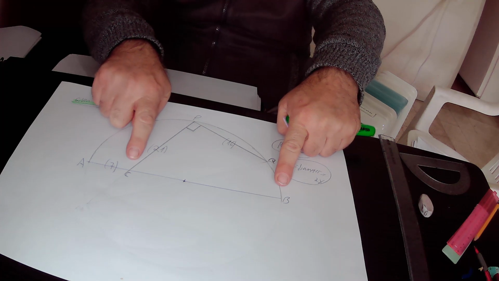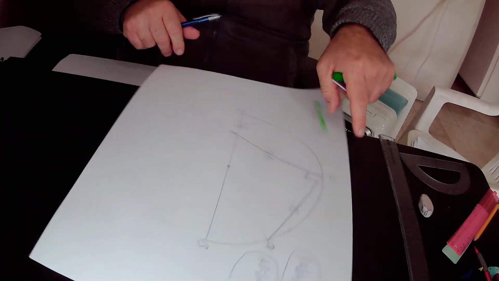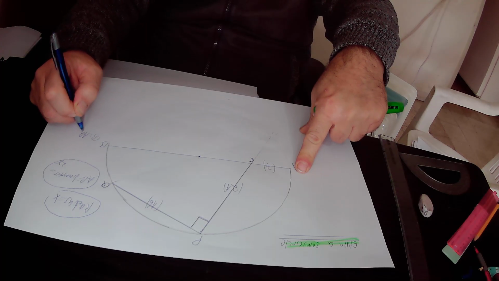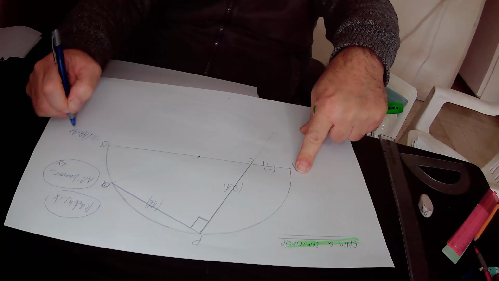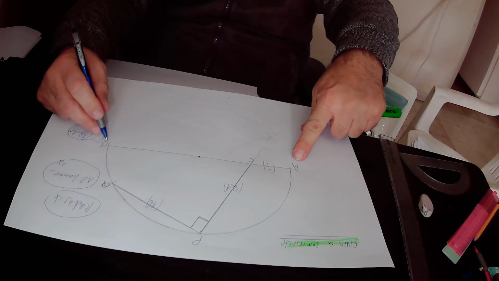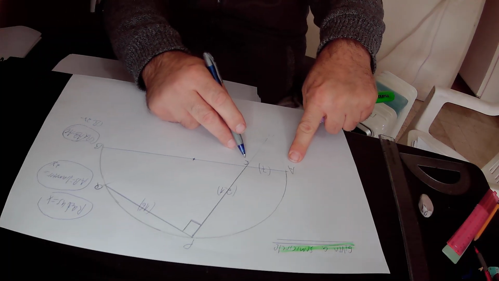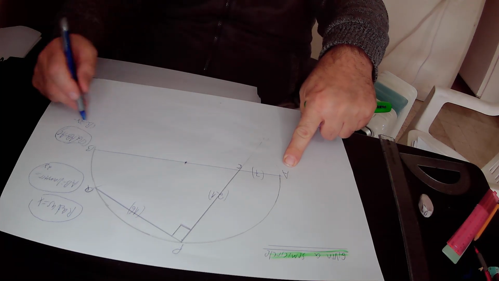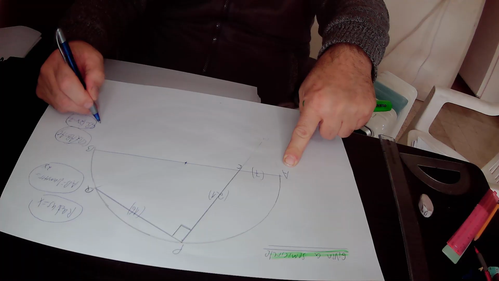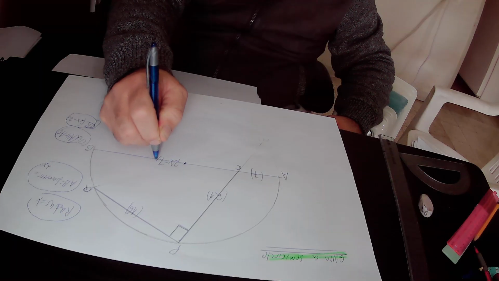From the drawing it is easy to see that CB equals AB minus AC. So CB equals 2x, the diameter of this semicircle, minus AC, which is 7 units according to the question. So in total CB equals 2x minus 7 units in length.